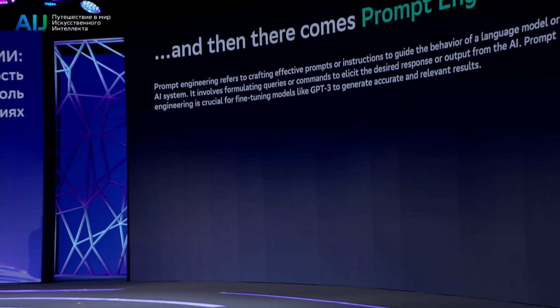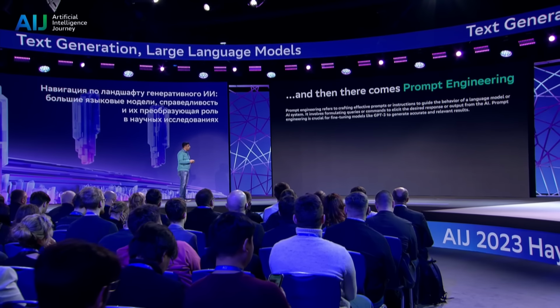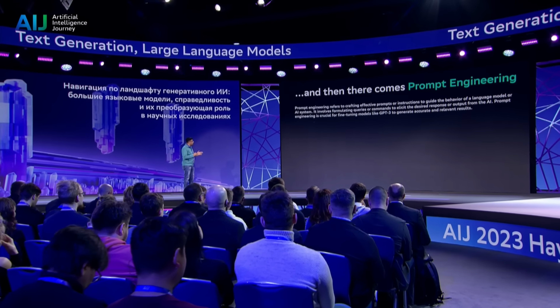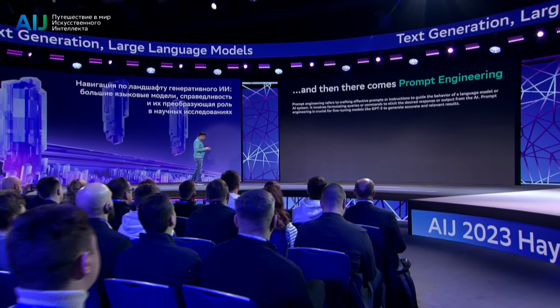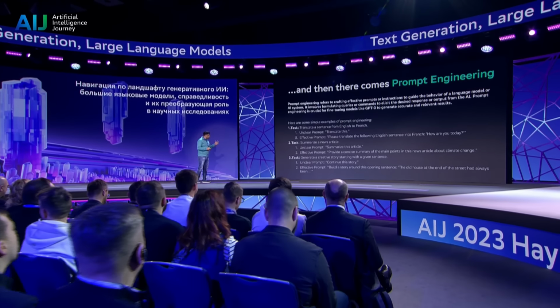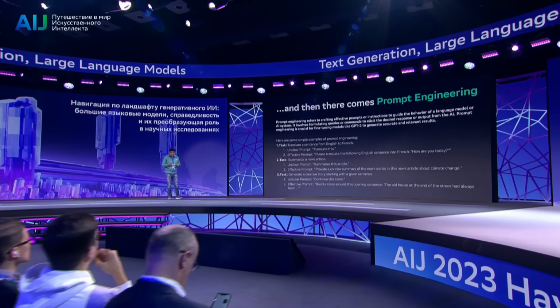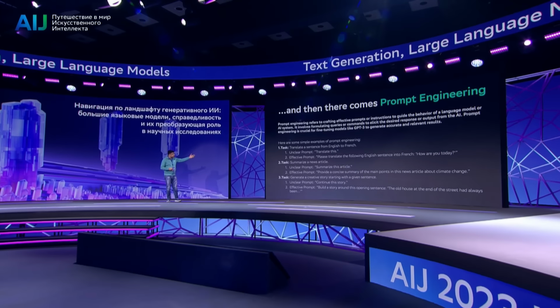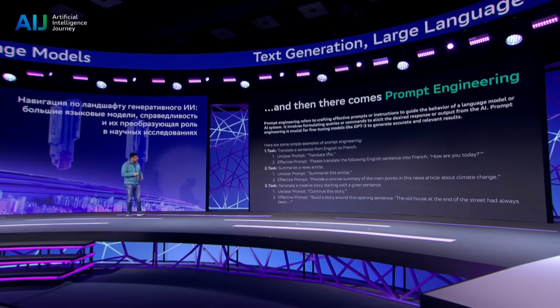And there comes prompt engineering. Now this term marks one of the most important jobs in the domain of large language models. And it's all about how you modify how you prompt, how you ask it a question, so that it can cater to your need. Translate a sentence from English to French, let's say. The unclear prompt is just translate this.